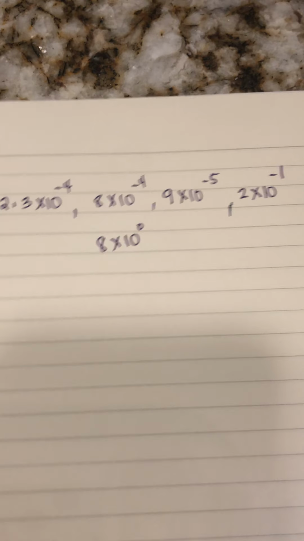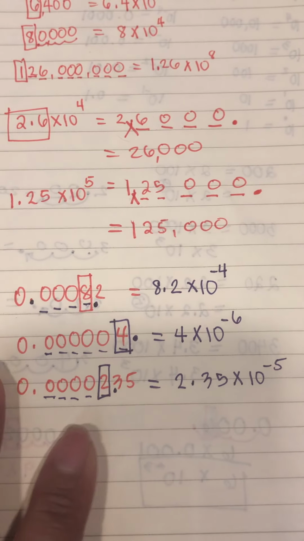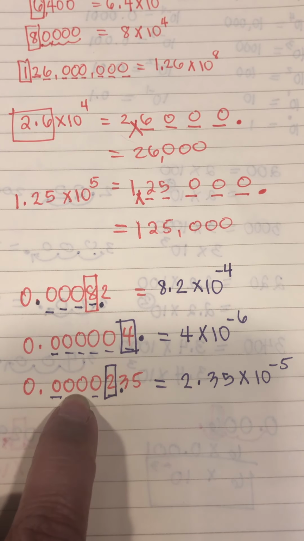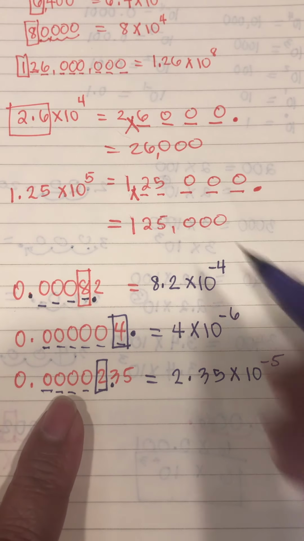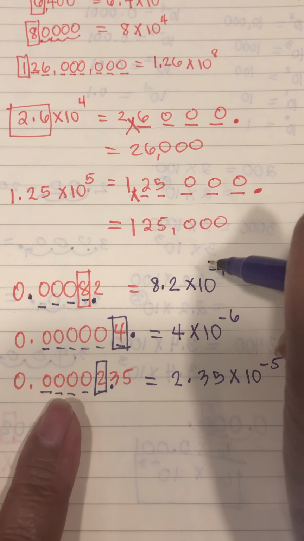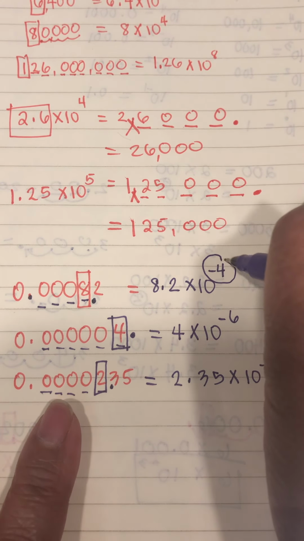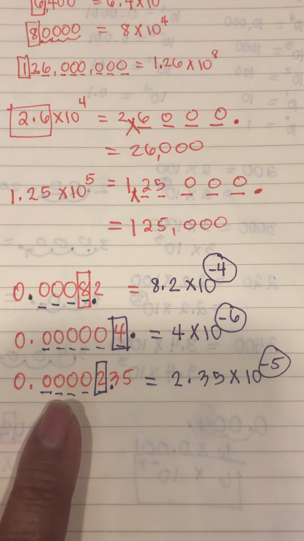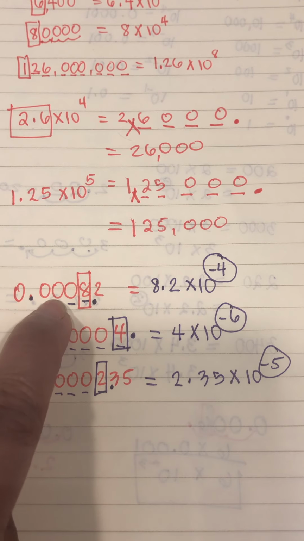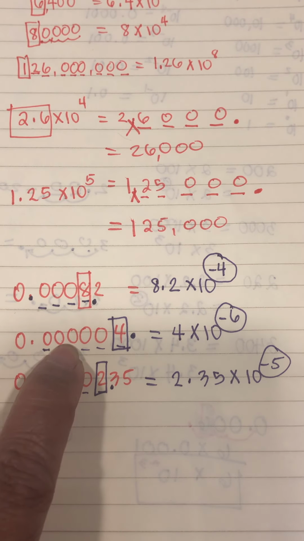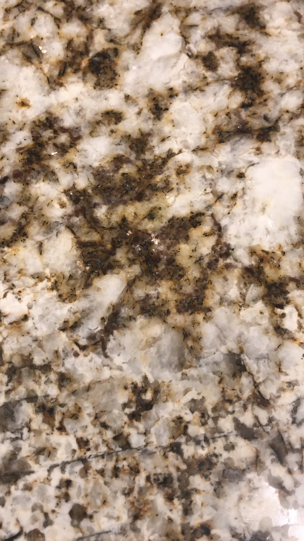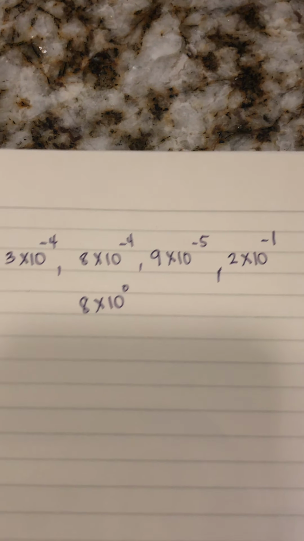So when we did the work over here, you kind of notice that the value of the number is being hinted by its exponent. This one is more than this because negative 4 is more than negative 6. So our shortcut is to simply look at the exponent.